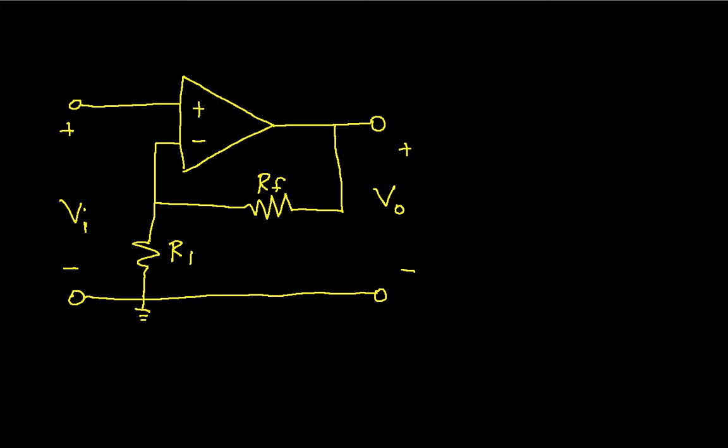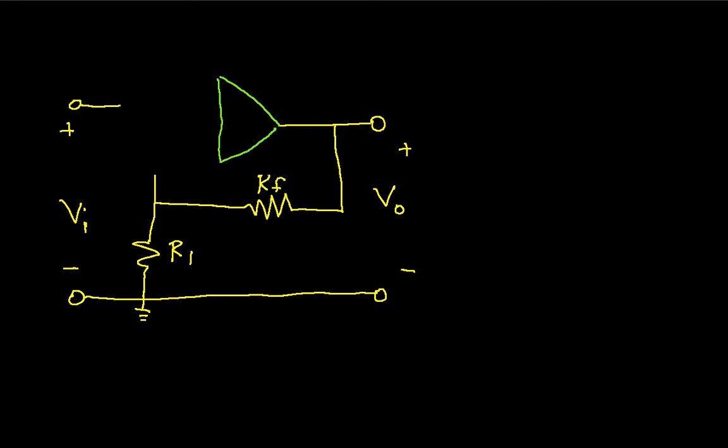So let's actually do that. What I'll do here is chop out the real op-amp and replace it by a noiseless op-amp. I guess in our world, noiseless op-amps are green.